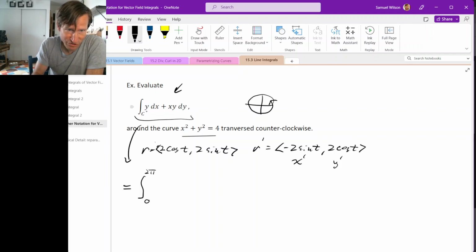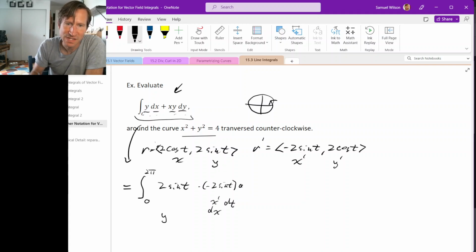Now we're just going to write out all of these bits, except we're going to use x, y, x prime and y prime whenever we encounter x, y, dx, or dy. So y is 2 sine t. Now we need to multiply by dx, so that's going to be x prime dt. So x prime is minus 2 sine t dt. Let me put this in brackets.